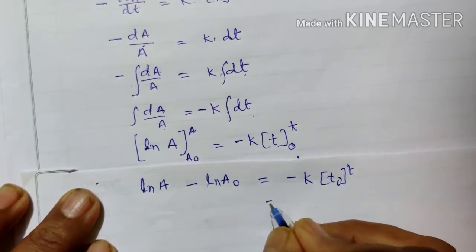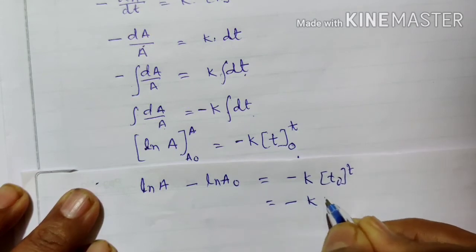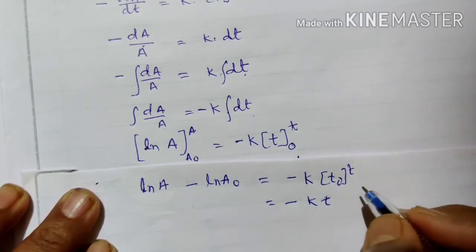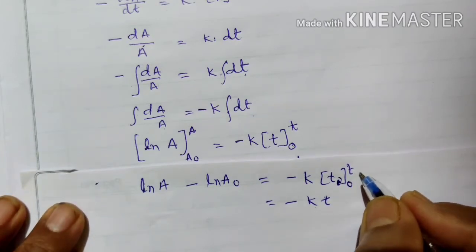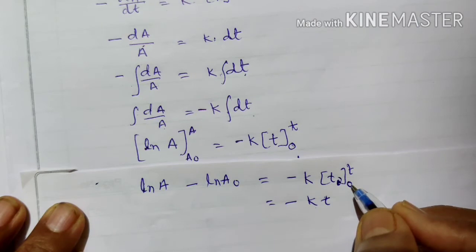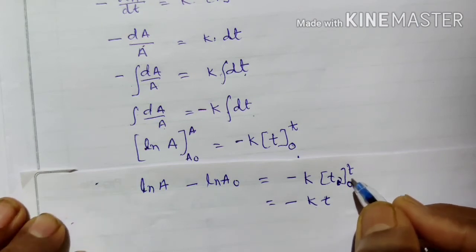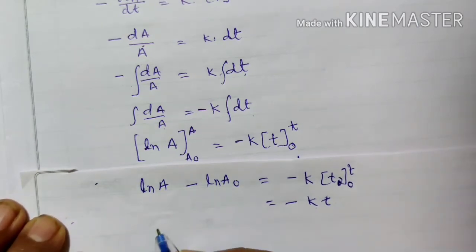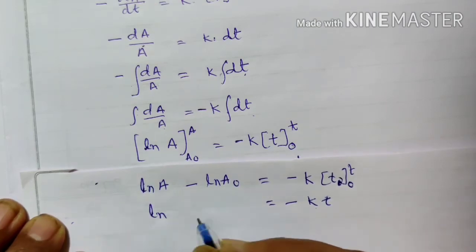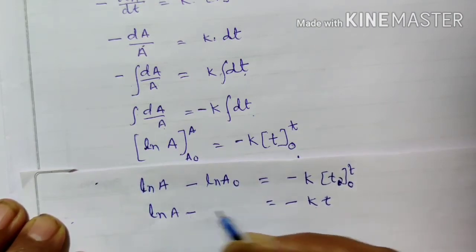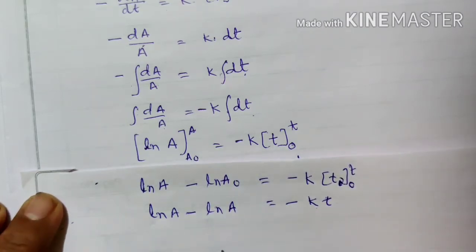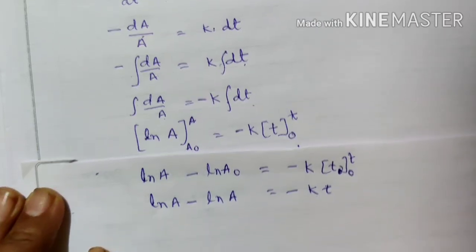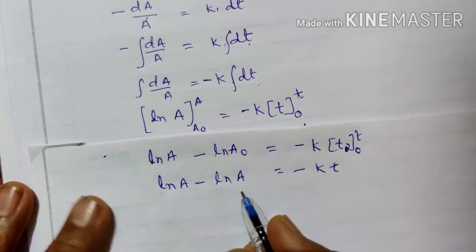So then it is equal to minus kt, because when you put the limit 0 to t, this is t minus t0, so then the t0 will be 0, so it is equal to kt. So this will come the equation, ln a minus ln a0 is equal to minus kt.